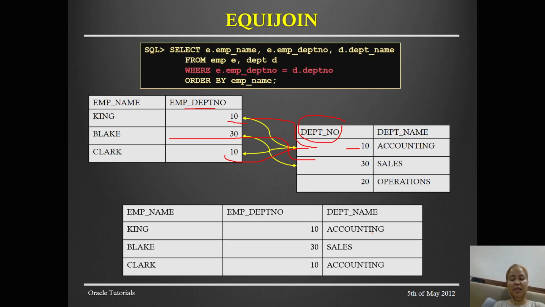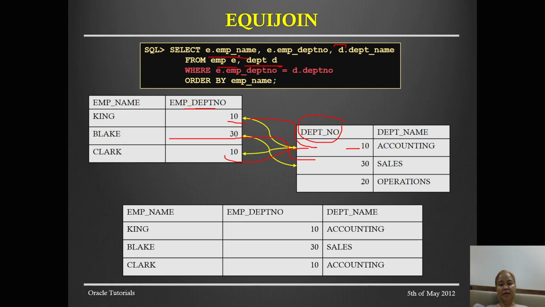Of course, ganito lang ang paggamit ng ating equi-join. We have to select, ito ay parang giving alias, employee E and department D. Pansin mo saan nanggaling yung D, galing siya dito, parang giving alias.